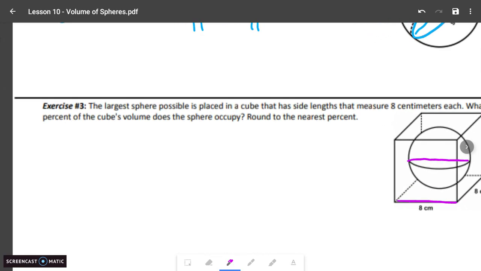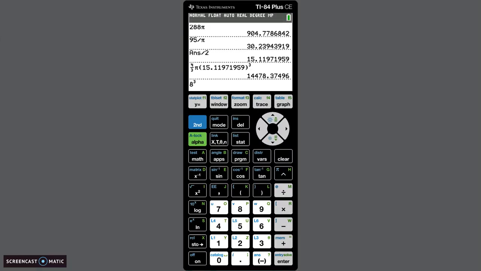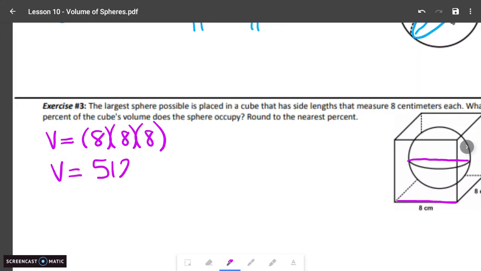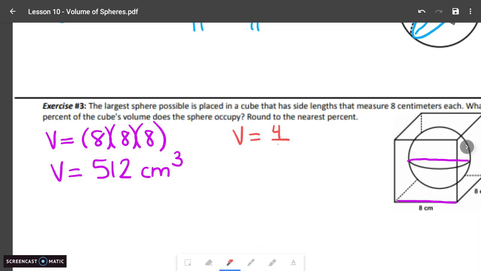First, we need the volume of the cube, which is just going to be 8 times 8 times 8. Okay, so that's our cube. So we get 512 centimeters cubed. Now, the sphere, 4/3 pi, r, if this is the diameter 8, r is going to be 4 cubed.